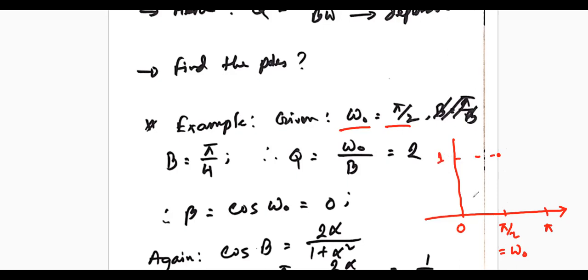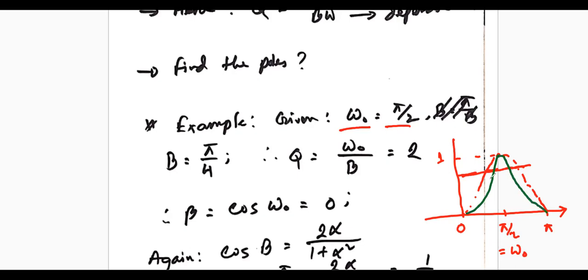So from there you can find that it might look like this. But again, you can't say what the bandwidth is. The bandwidth can be controlled by choosing the value of alpha and beta. In one case, it might look like this.